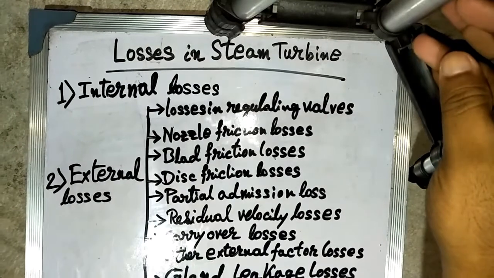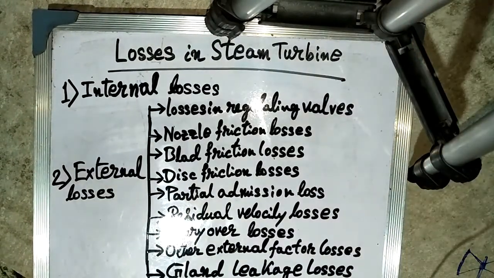Now the blade friction losses. Losses in moving blades are caused by various factors. We can again divide the blade friction losses.